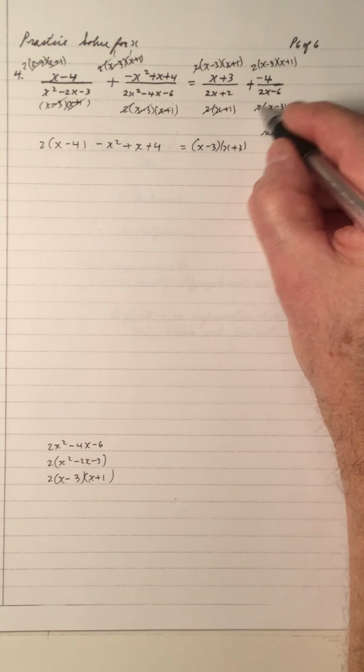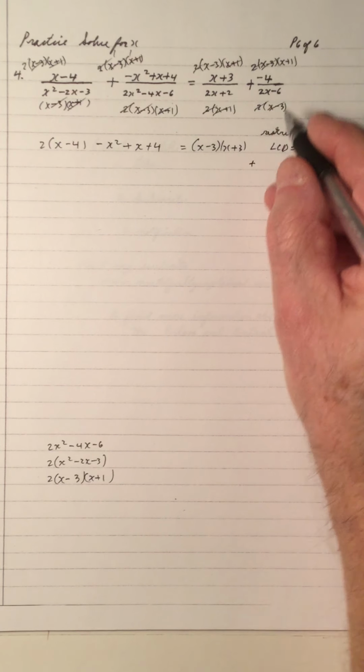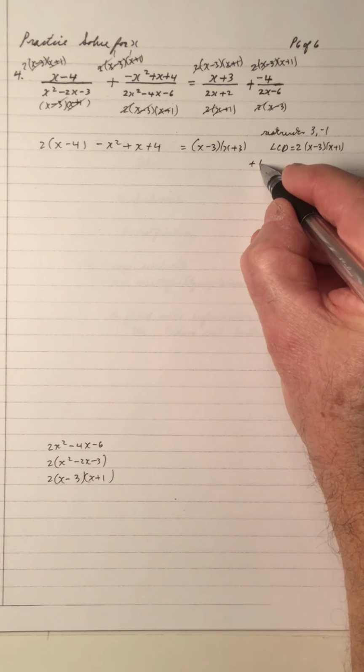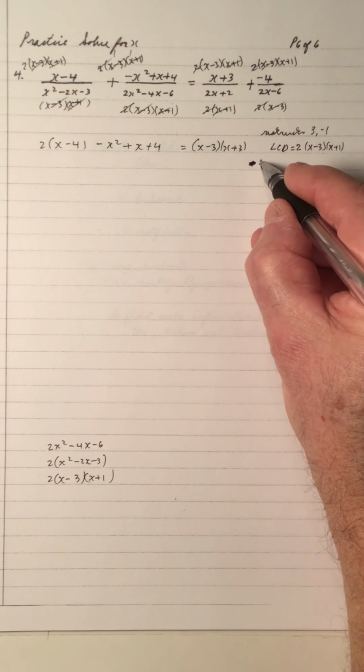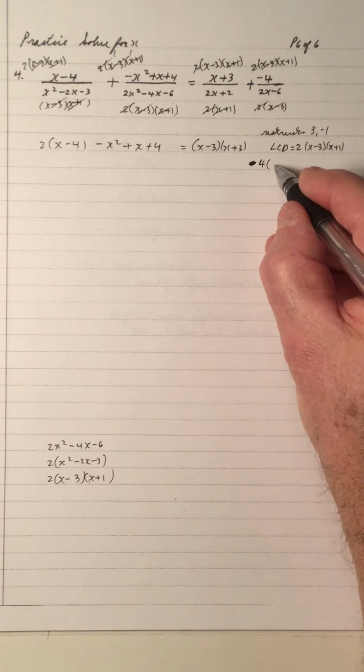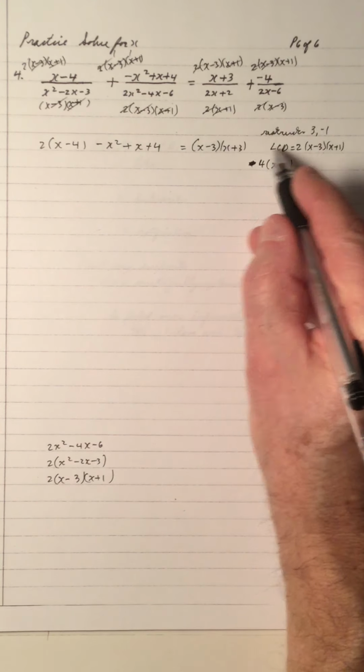And 2 cancels, x minus 3 cancels, so I get a negative 4. Let's make that negative. There's a negative 4 there. Negative 4 times x plus 1. I put this in the way, but sorry about that. That should be going right across there.